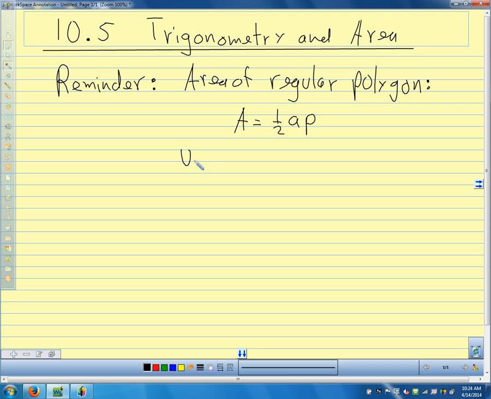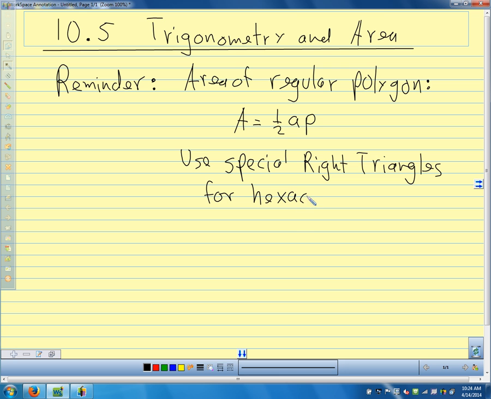We can use special right triangles for hexagons, equilateral triangles, and squares.